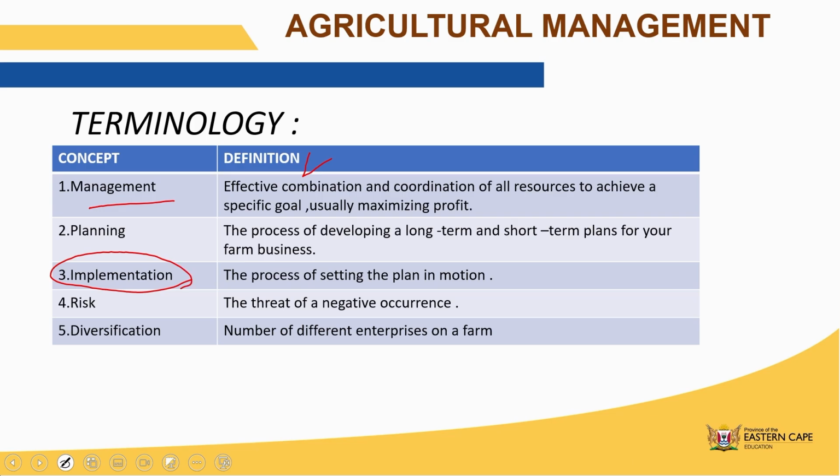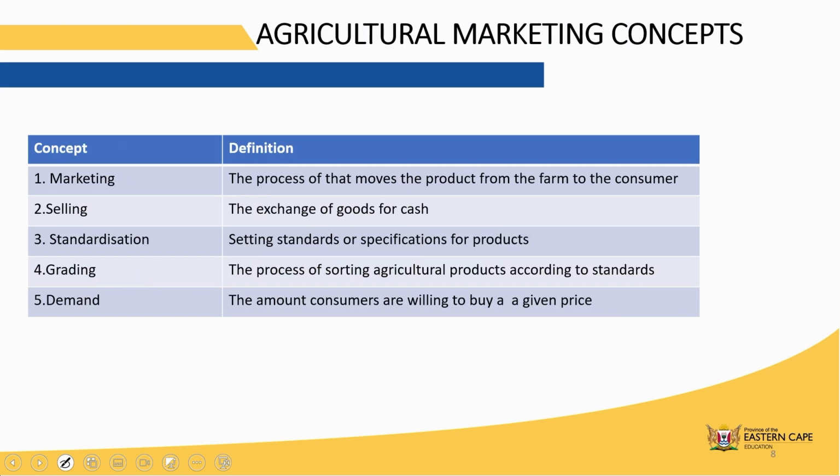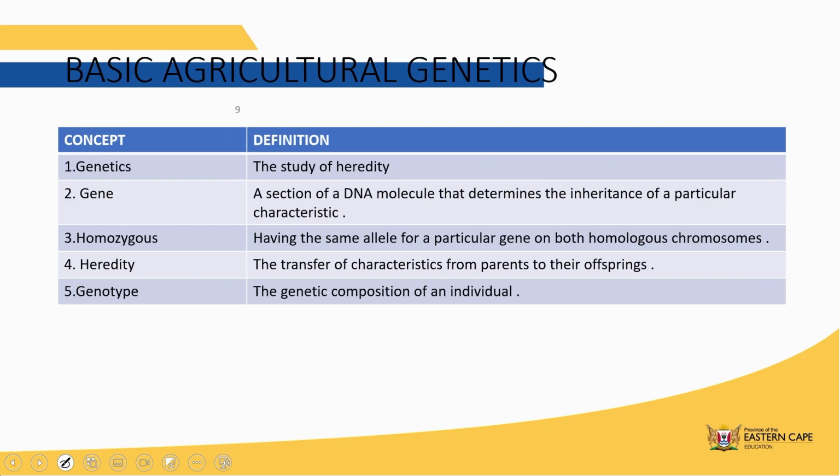So concepts are the key components that you have to understand. I've also picked a few under e-marketing. The concepts under e-marketing as a topic are marketing, selling, standardization, grading, and demand. Those must be known by each and every learner.